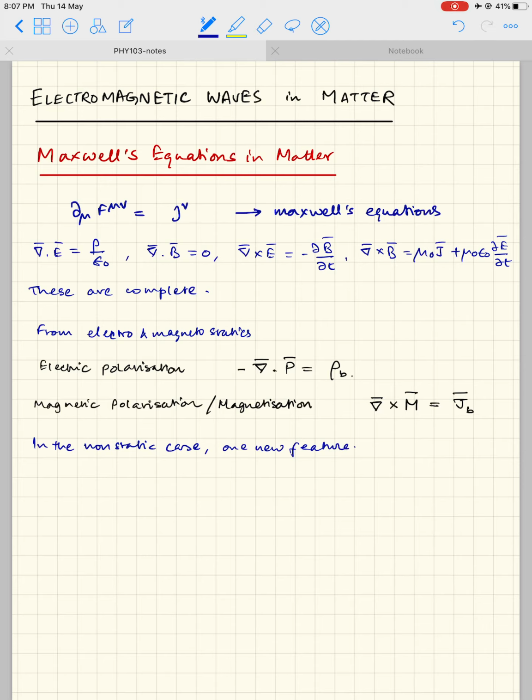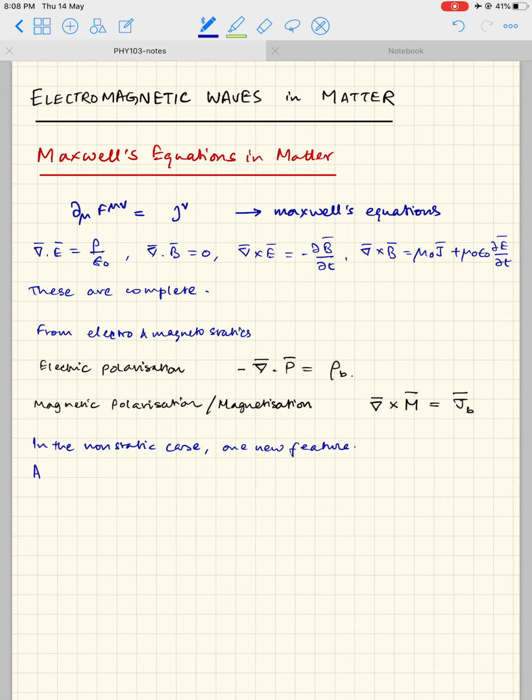That is any change in electric polarization. That is going to involve a flow of the bound charge, and this must be included in the total current. So let's actually write this down.